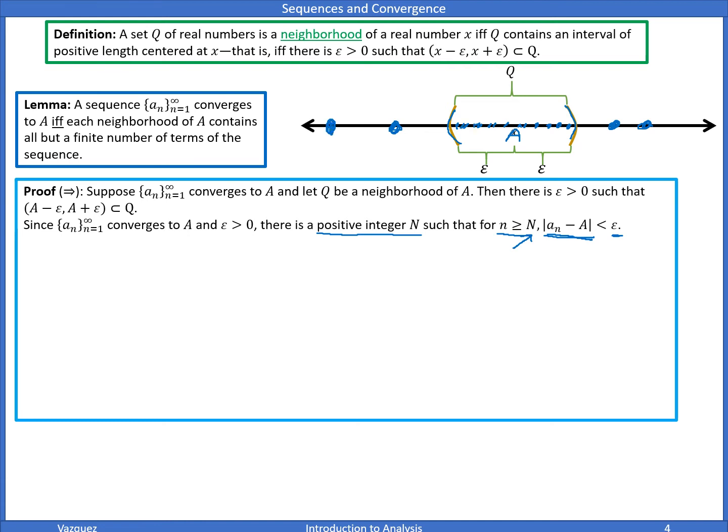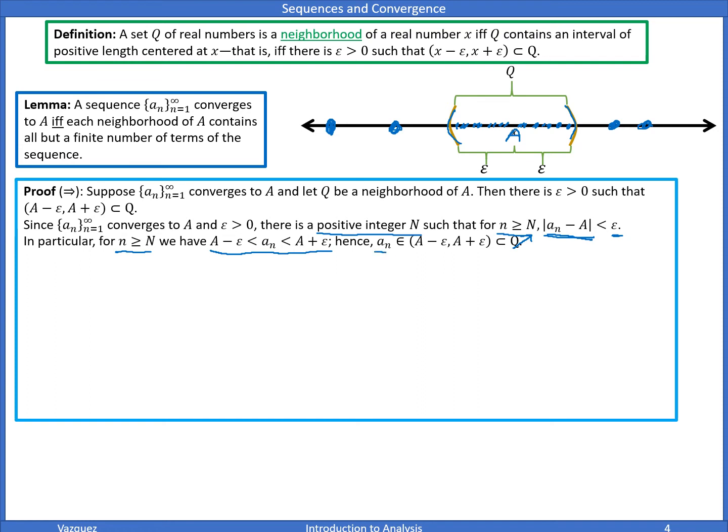But after a certain point, all of them are within this neighborhood because it converges. That is given from the definition of convergence. This just means that for n greater than big N, the points are within our neighborhood, just what I drew up there.